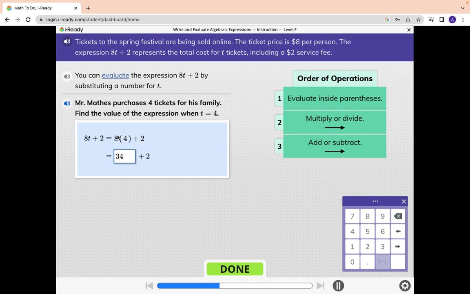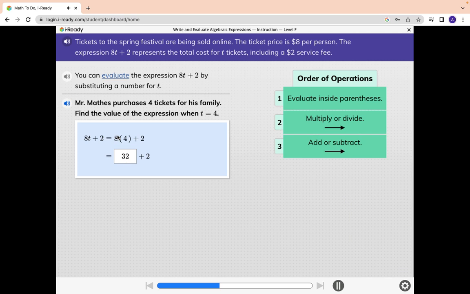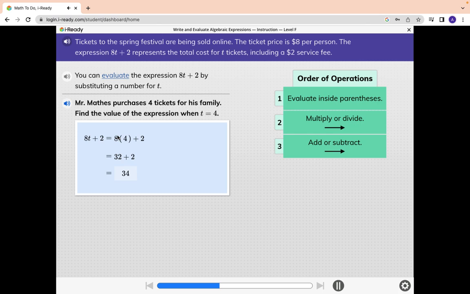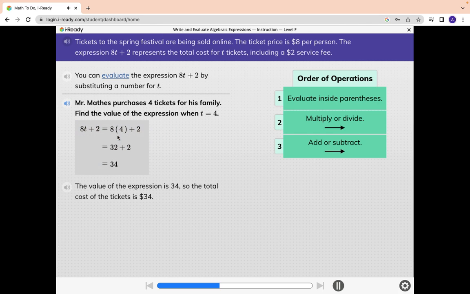So 32 right here, then plus 2, it's going to be 34. Now the total price is going to be 34. 32 plus 2 equals 34. The value of the expression is 34, so the total cost of the tickets is $34.